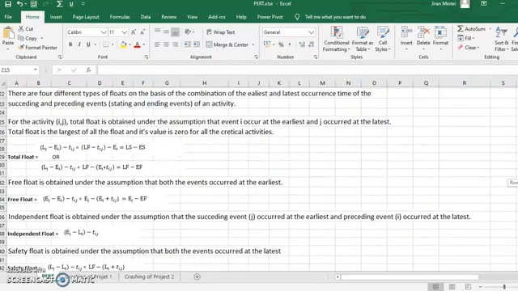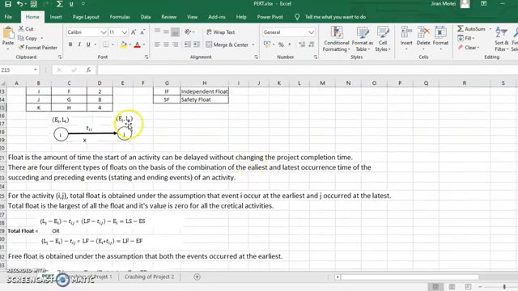Now, what is total float? How do you compute this? If the combination is done on the basis of LJ and EI, minus the time taken of the activity IJ, or activity X, which is TIJ, then LJ minus EI minus TIJ will give the total float. If you combine LJ and TIJ like this, it will give the latest starting time. EI, as we have already known in the previous video, gives the early starting time of this activity.